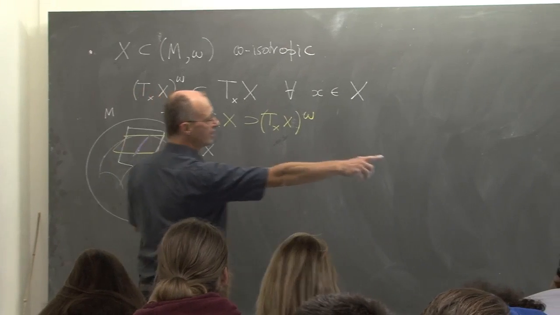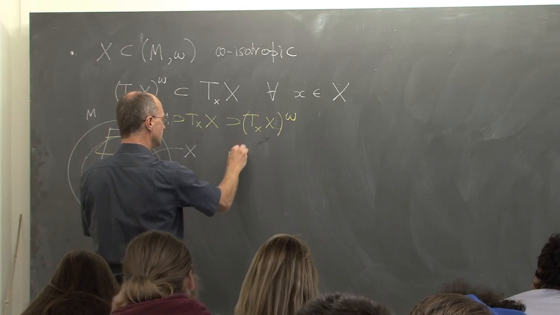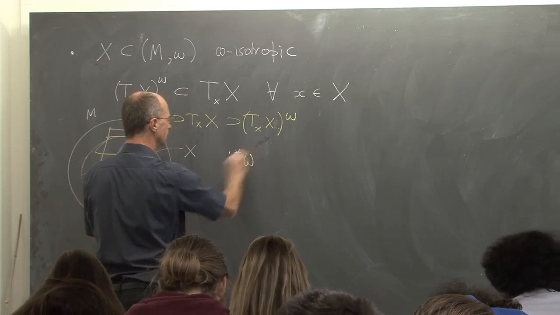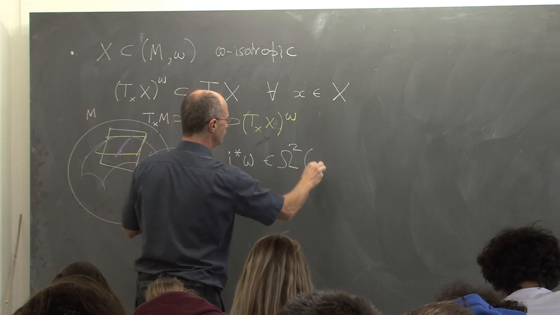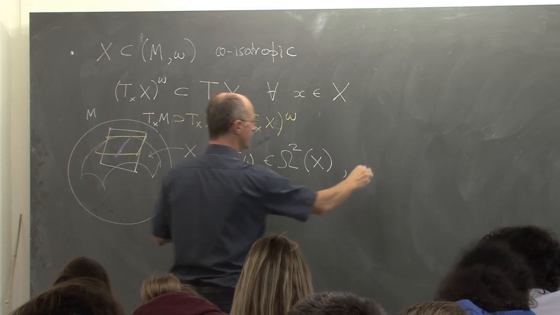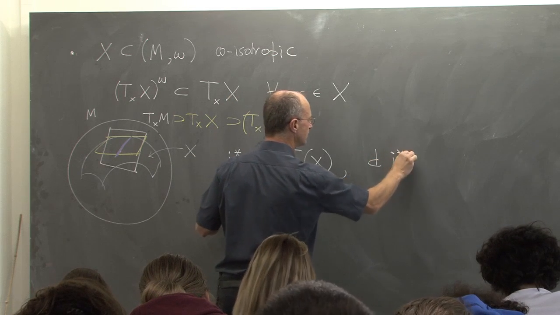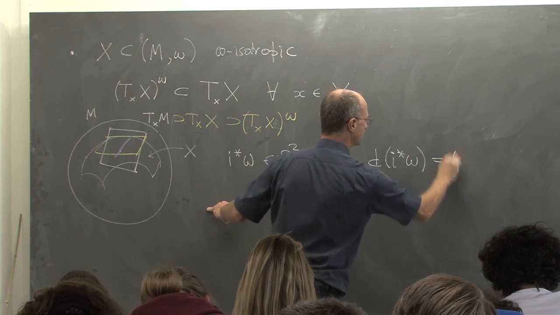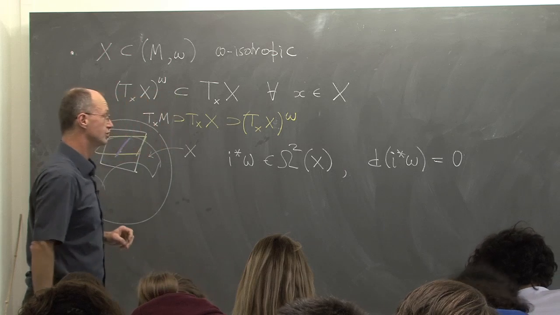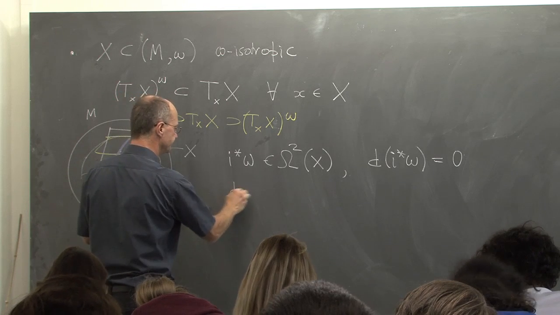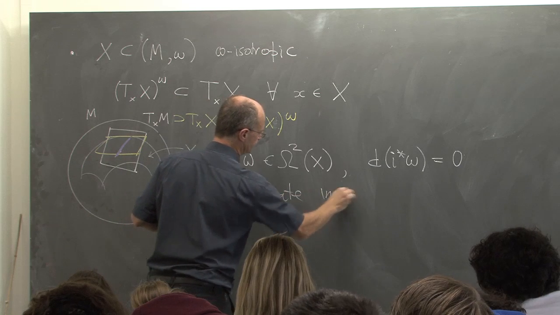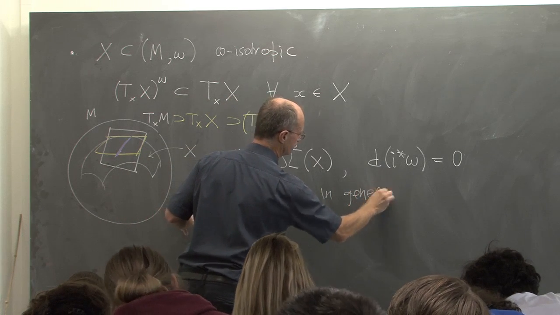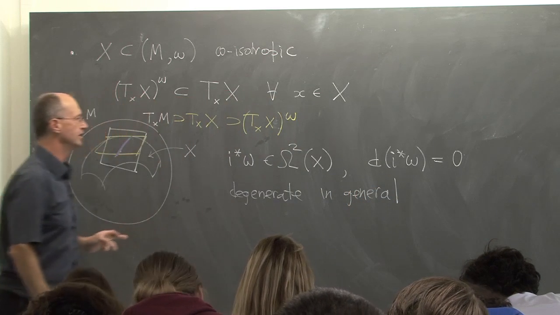We can still define as before i star of omega. This is a two-form on X. It is clear that it is a closed form, but in general, it is degenerate.